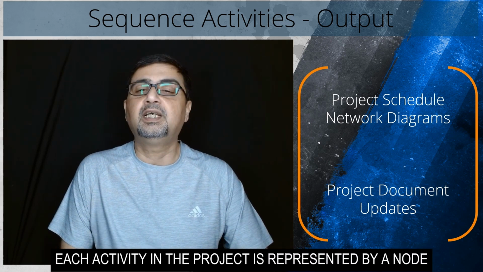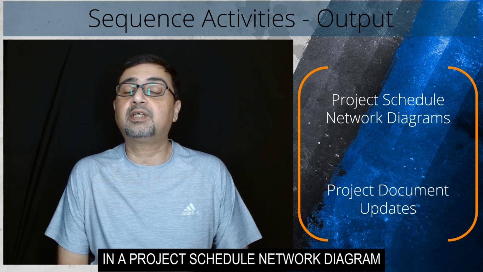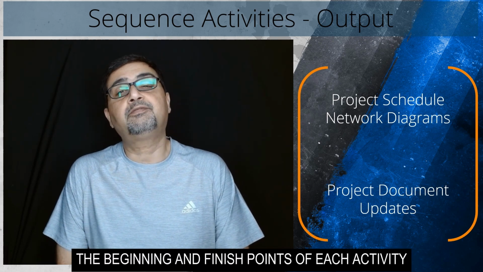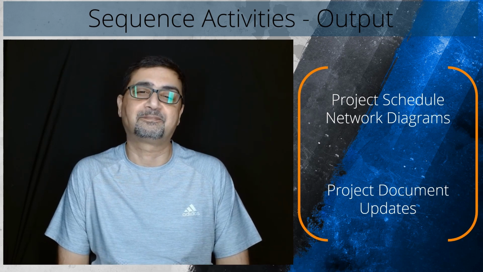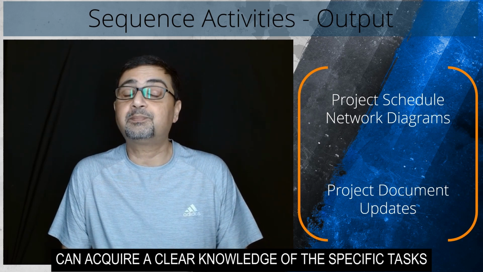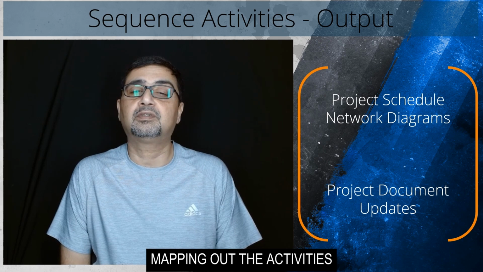Each activity in the project is represented by a node in a project schedule network diagram. These nodes indicate the beginning and finish points of each activity, as well as their durations. Project managers can acquire a clear knowledge of the specific tasks involved in the project by graphically mapping out the activities.